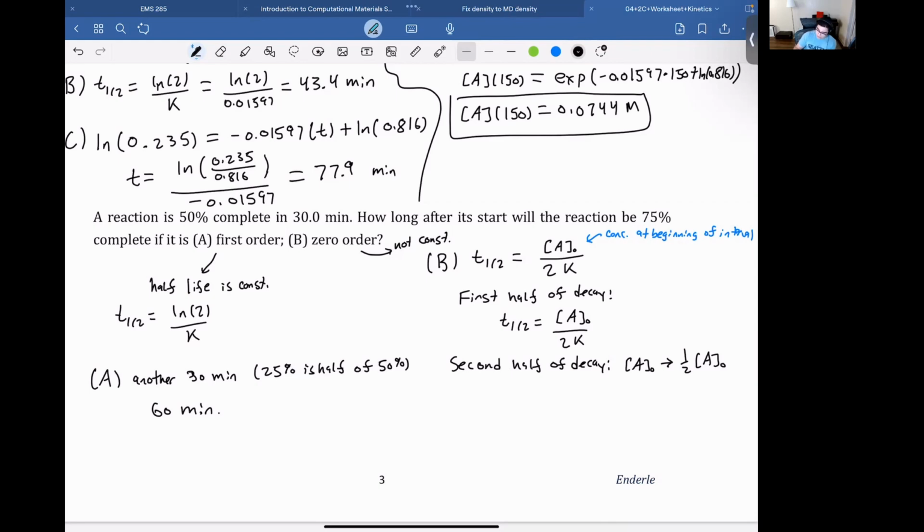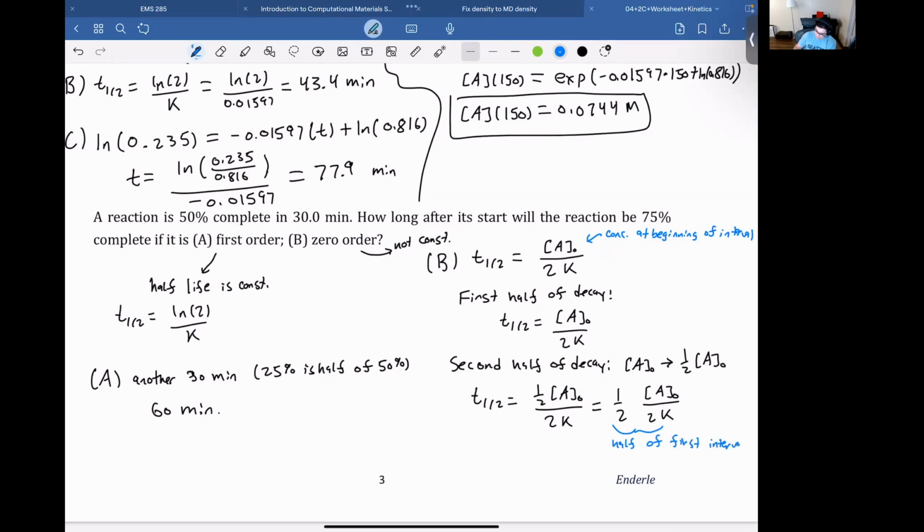And so if I write this out, 1/2 of the initial amount, because 50% decayed, you can pull out the 1/2 out front, or it's half of the first interval, right?